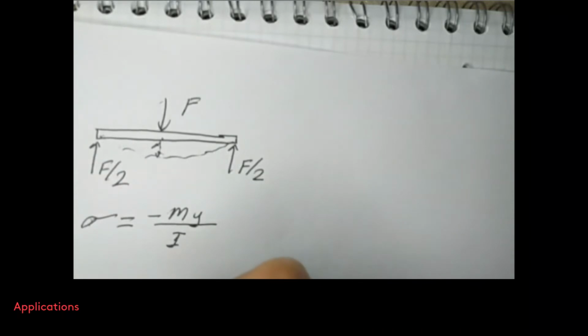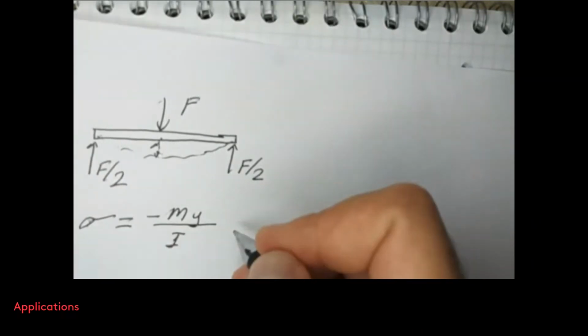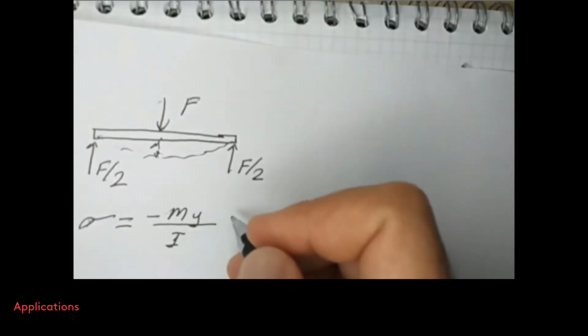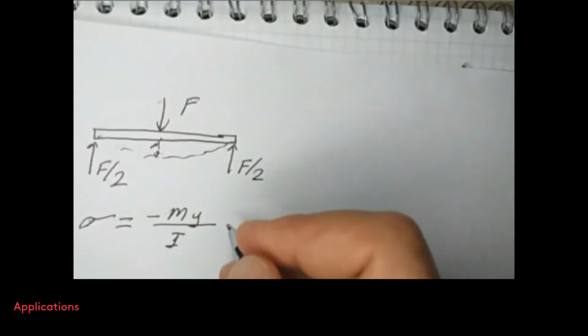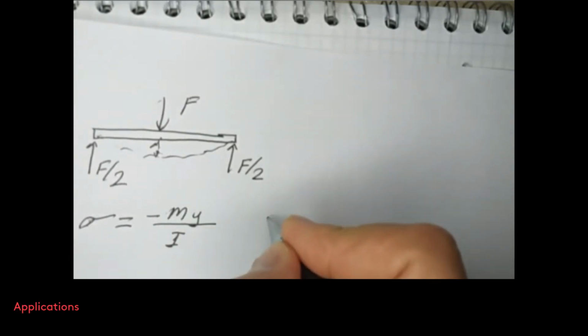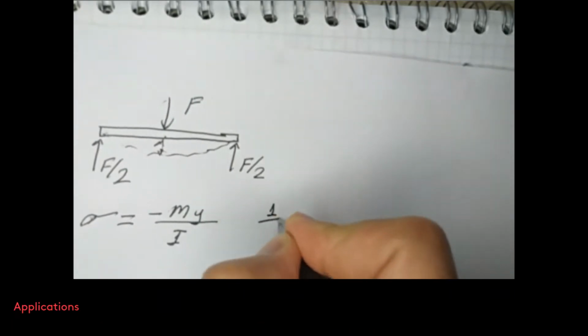In fact, remember that strain energy density at a particular location is 1/2E sigma square. So this is the density, and we will integrate it over the volume.